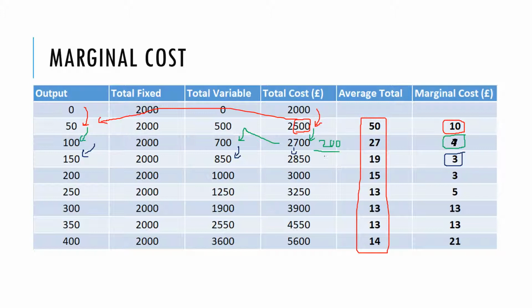Here we have an increase in variable cost of 150, going from 700 to 850, and that's come from another 50 units. So how much have those extra units added each? A marginal cost of 3, 150 for 50 extra units. If we look at the relationship here, we can see marginal cost is going down, and then it's starting to rise as we get towards the end.